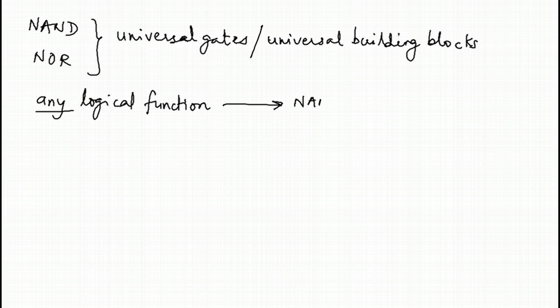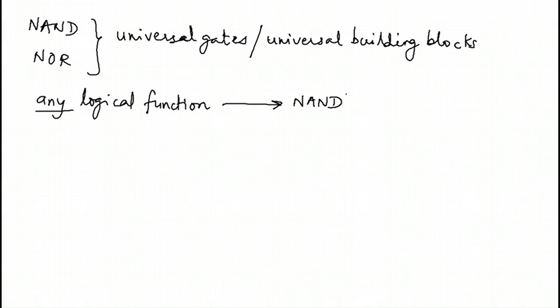For example, if you had only NAND gates with you, assuming that you had them in sufficient quantity, then any logical function can be realized, or one can say it can be constructed using only NAND gates. You don't require any other gate to realize a logical function whatsoever, howsoever complicated it may be.